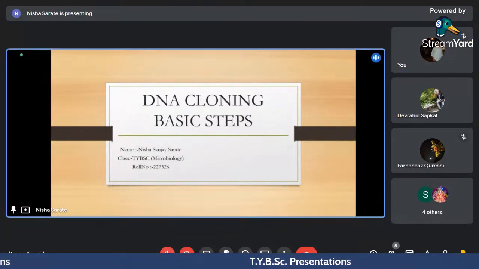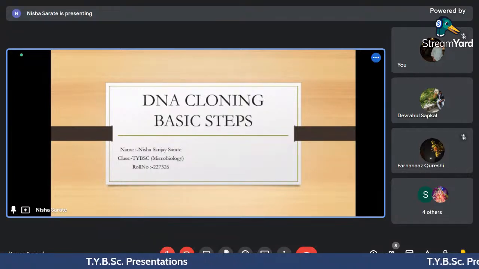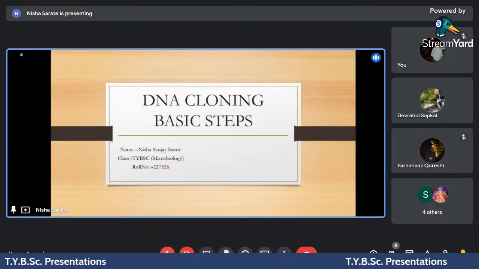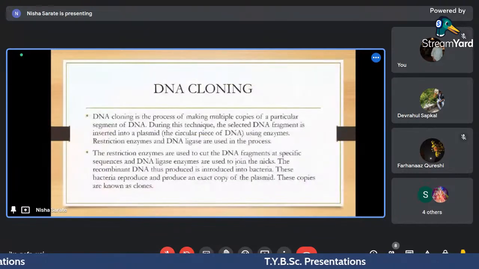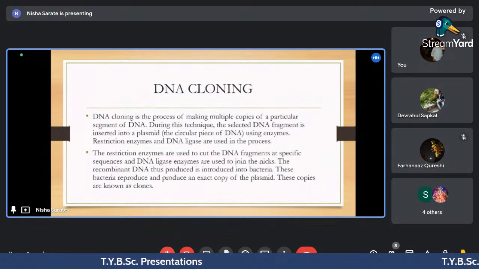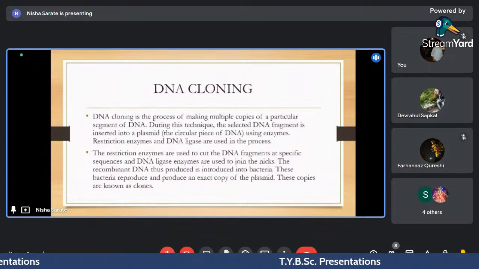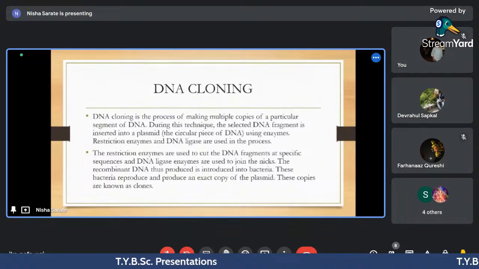So myself Nisha Sanjay Sarate, roll number 227326. My topic is DNA cloning basic steps. DNA cloning is the process of making multiple copies of a particular segment of DNA. During this technique, the selected DNA fragment is inserted into a plasmid using an enzyme.